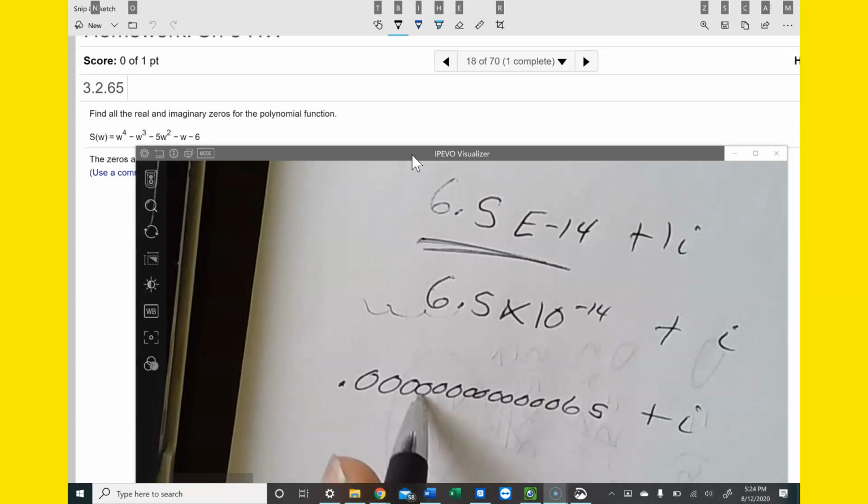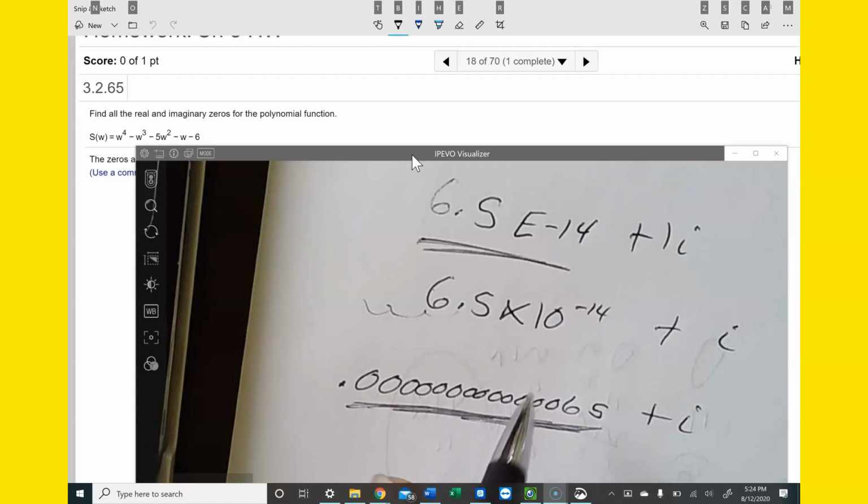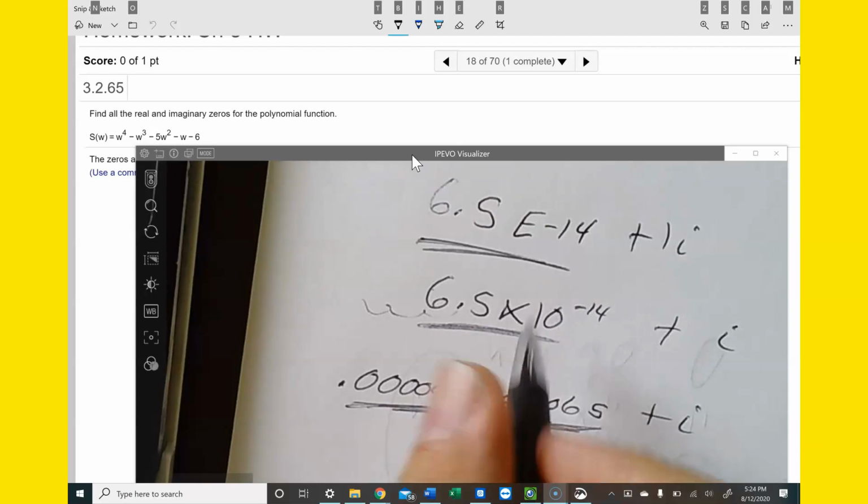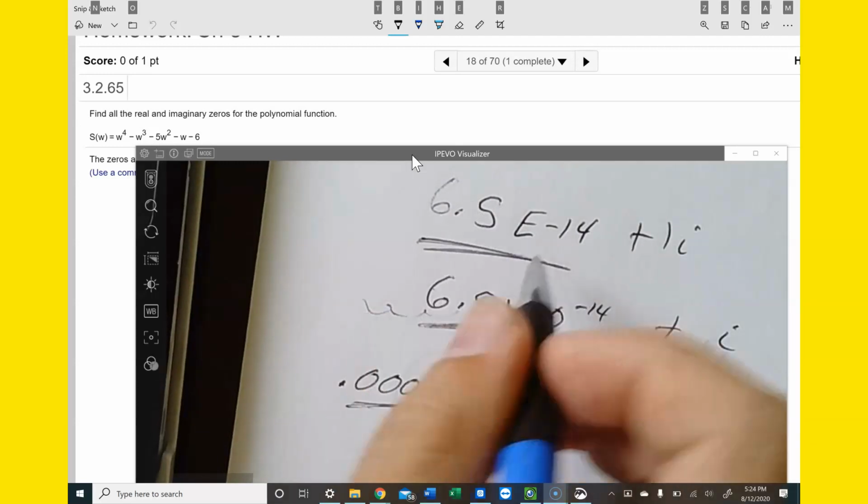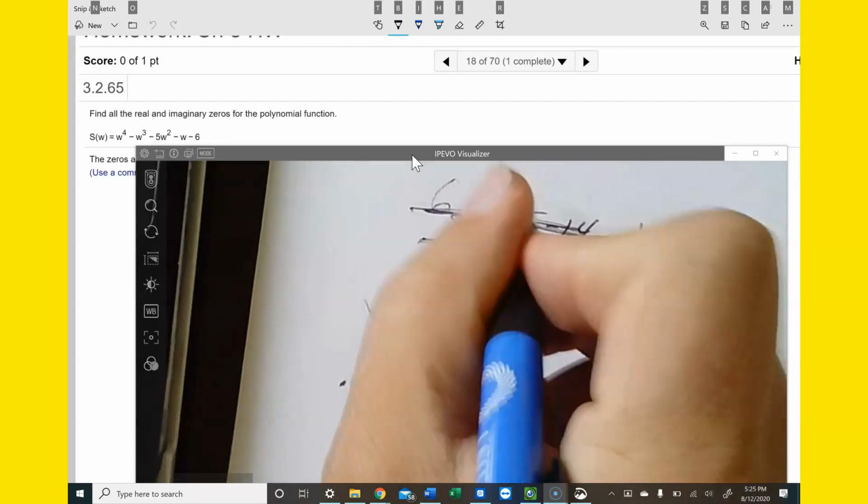Here's the deal. This is so close to 0. It actually is 0. I don't know what's going on in the program of this calculator to make this the case, but a lot of times the calculator cannot bring itself to just say 0. So it puts some number really close to 0 on there when it's really just 0. So when you see something like 6.5 e -14, that's really just 0.